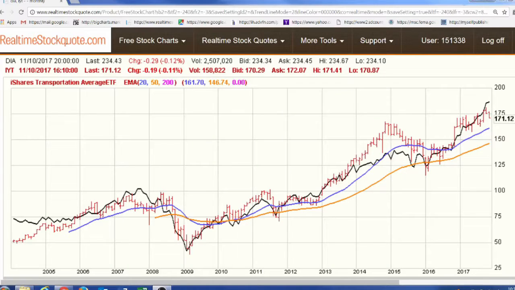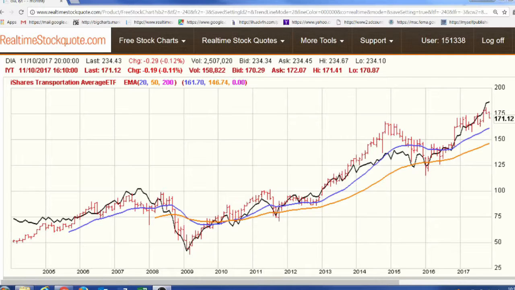What we're looking at is the 20-year monthly chart, and it's the combination of the diamonds representing the Dow Jones Industrial Average, diamonds being DIA, and then IYT, which is the iShares Transportation Average, representing the Dow Jones Transportation Average. Now, it's not exact.